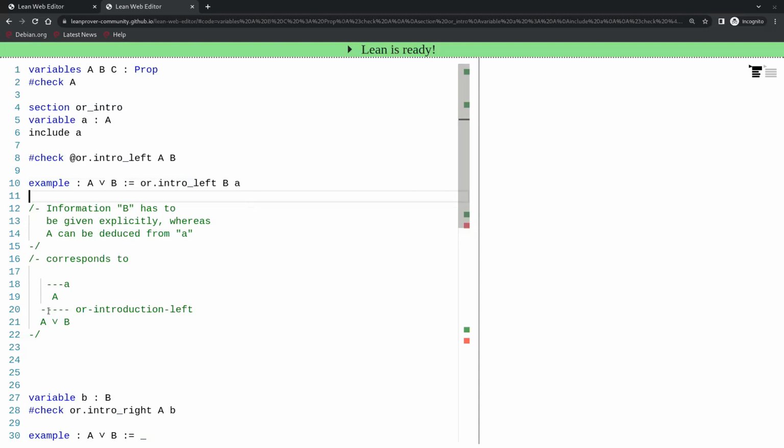This corresponds to the following inference rule, the left introduction rule for OR, which says that in order to prove A or B, it suffices to prove A.